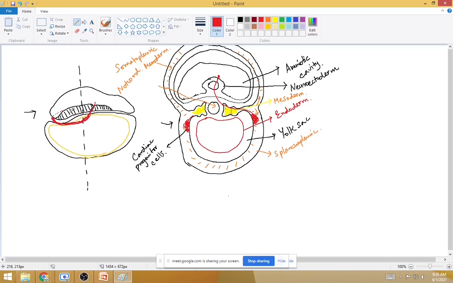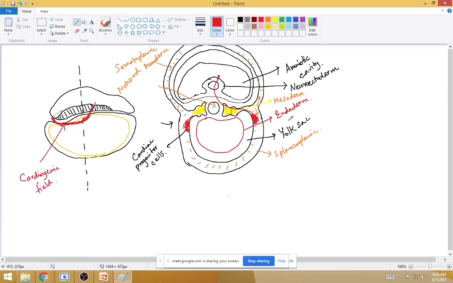So this is the ectoderm, the yellow one is the endoderm, and this is the mesoderm. They are lying in the splanchnopleuric mesoderm by the side, in the front and on that side, like a horseshoe shaped area, and this field is known as the cardiogenic field.